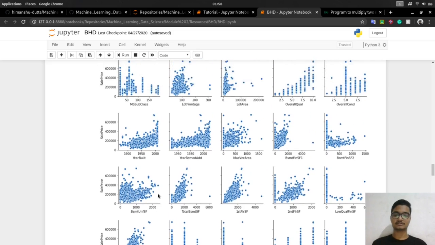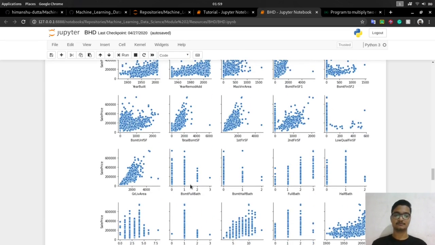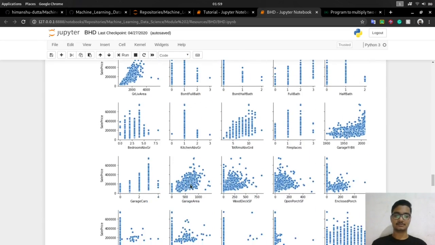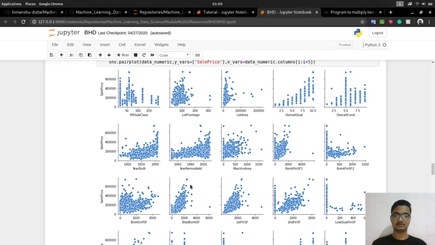Other than this, for example, let's take this. As you can see, the values increase linearly. This represents a linear relation: as the value of the living area increases, sales price also increases. This particular value is logarithmically related.